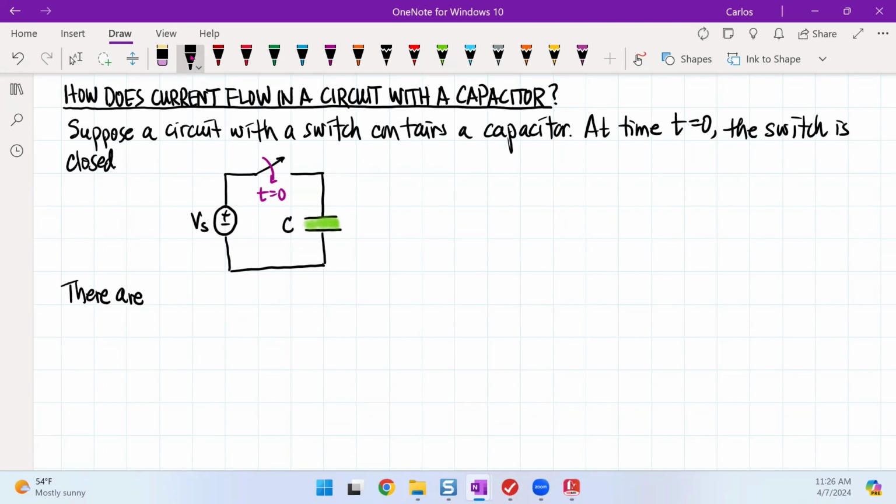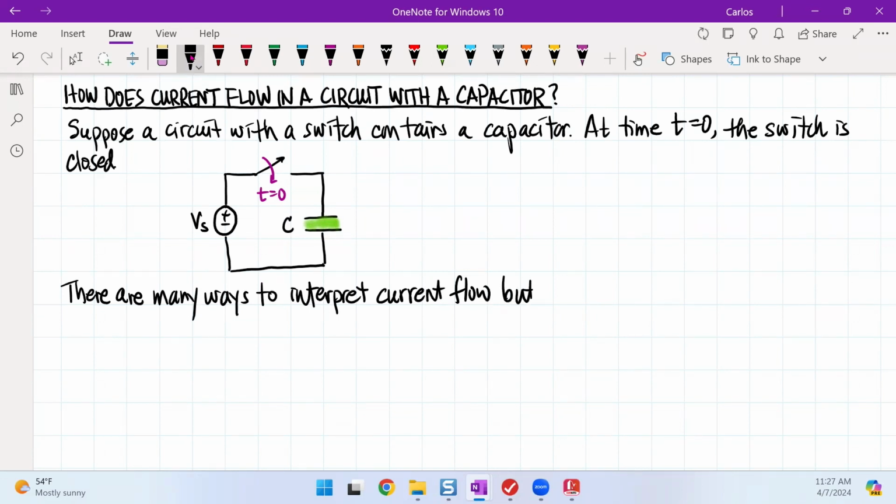There are many ways to interpret current flow with the capacitor, of course.